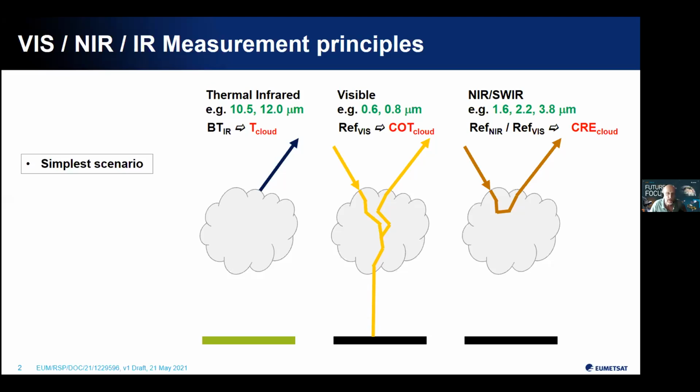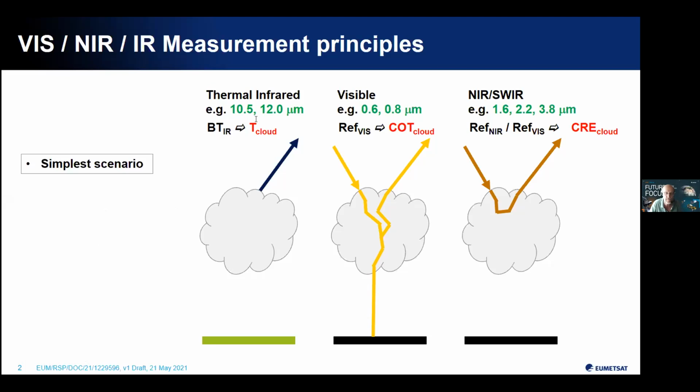Wanted to give a quick overview where we get our information from. And I just broke this down, starting with the simplest scenario, which is an opaque, thick cloud, daytime. And the situation is very simple, but this gives the basic principles.